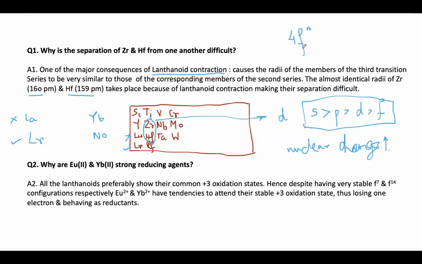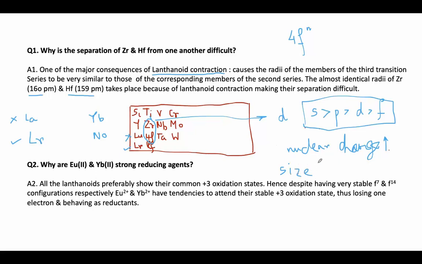Now with the subsequent filling of the 4f orbitals, since they are very poor shielders, they cannot shield the other electrons from the effectively growing nuclear charge. So the nuclear charge increases, and that pulls the valence electrons more tightly in the shell. That's why the size decreases with increase in the nuclear charge.